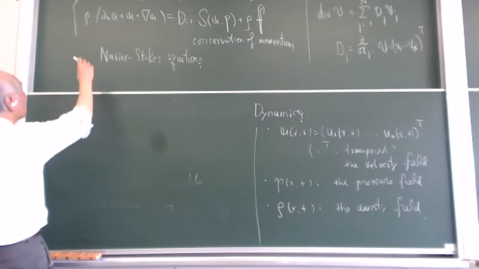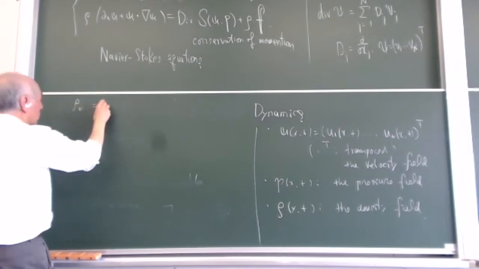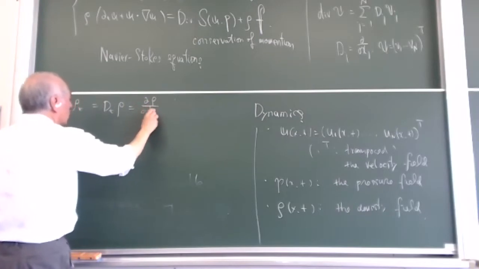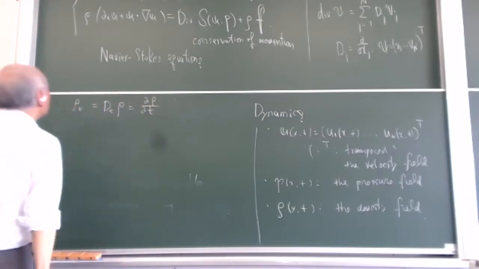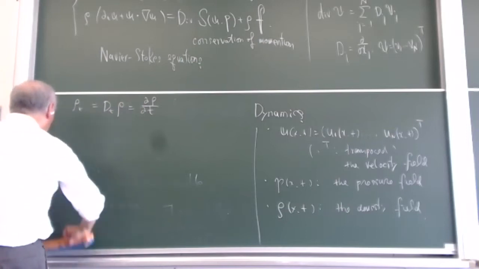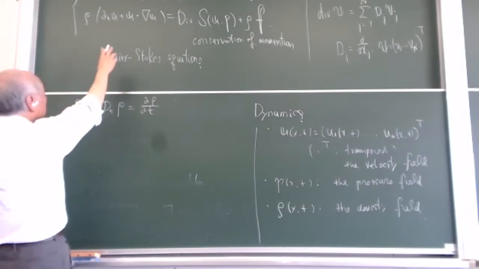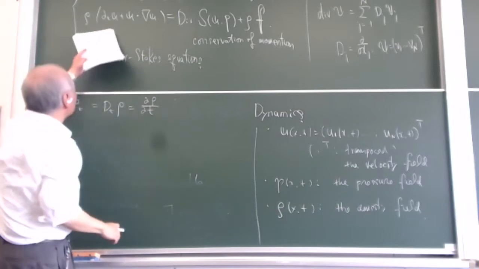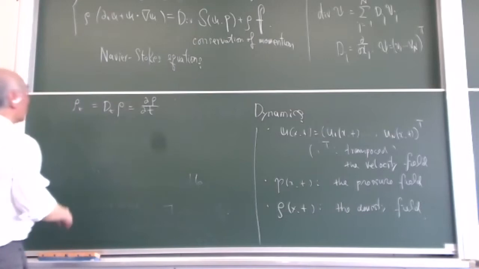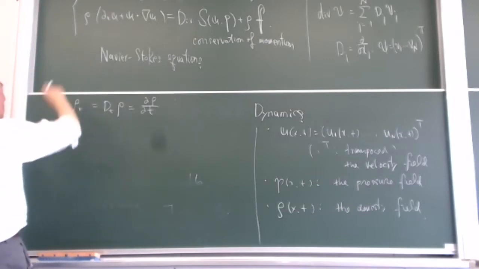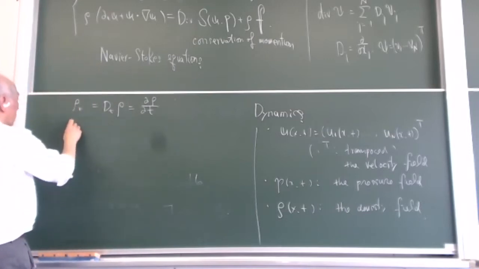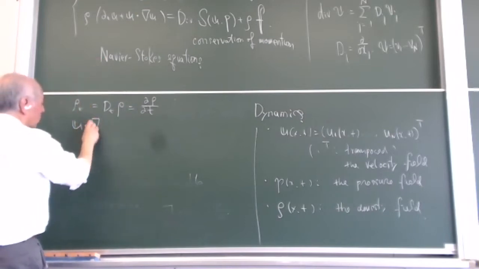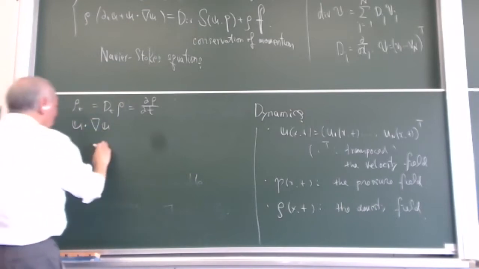And rho t is the time derivative of rho. Rho is a scalar. And dt u plus u dot nabla u, this expression is the so-called material derivative of a velocity field. But later I will show how to derive it. So far it's just an explanation of this notation.